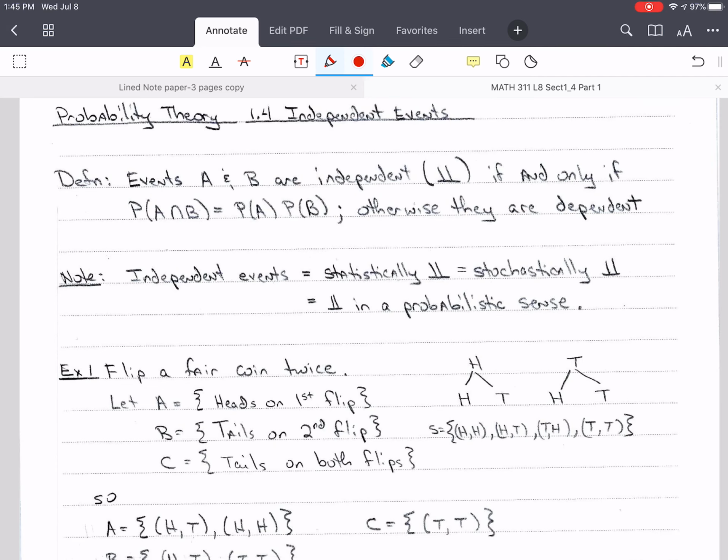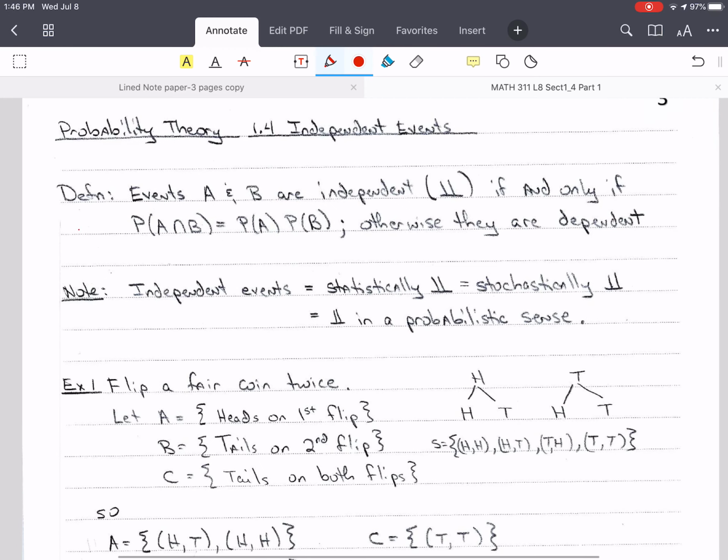So let's get started. So our definition, events A and B are independent if and only if the probability of A and B equals the probability of A times the probability of B. So if they are dependent, then it would be probability of A times the probability of B given A. So this is dependent.